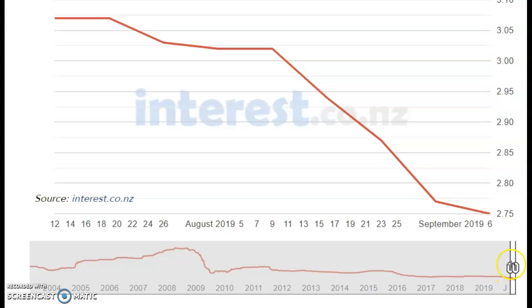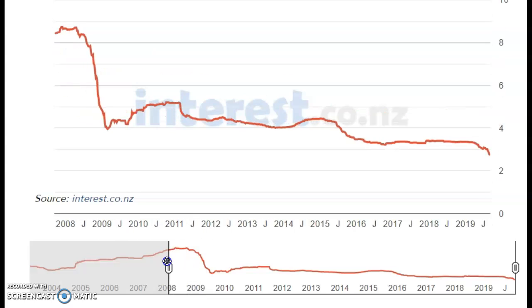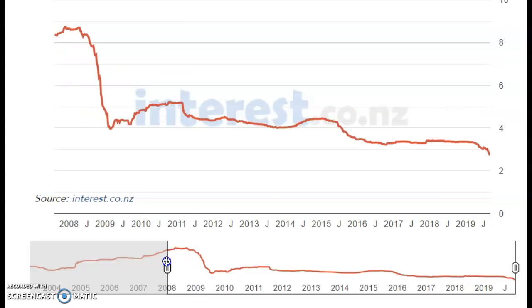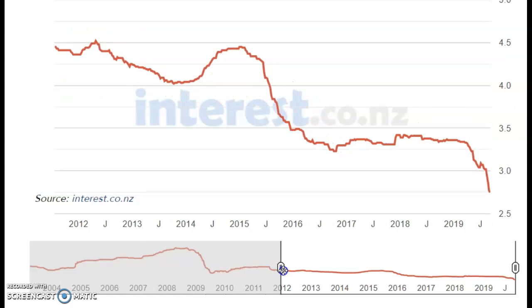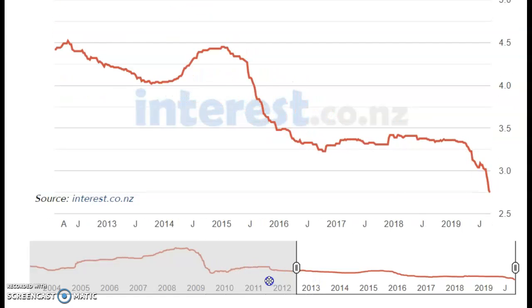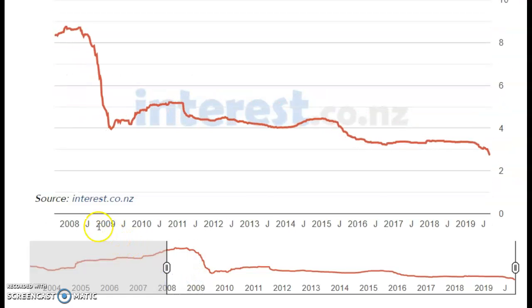So if you were born in 2007, 2008, 2009, if I can pick up the right piece, yeah, there we go. So if I go back to 2008, you can see the graph on the top is fluctuating depending on what's going on. So I'll go back to 2008, and then down here you can see the years.